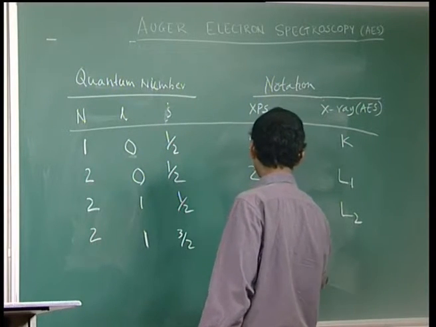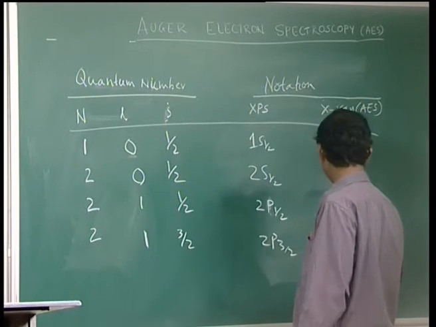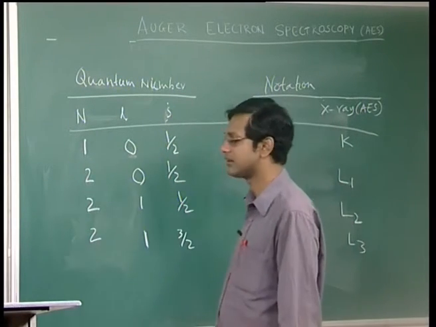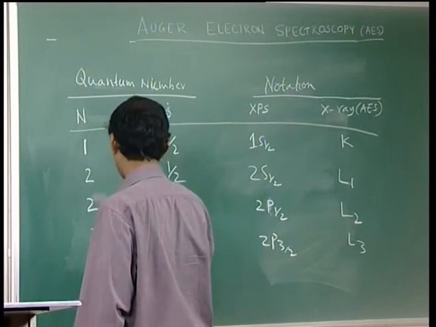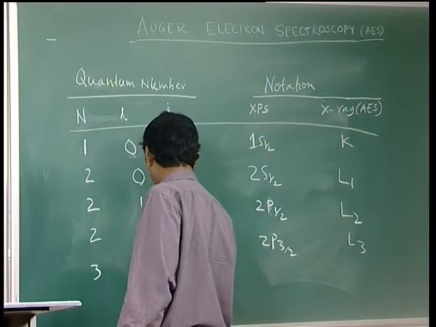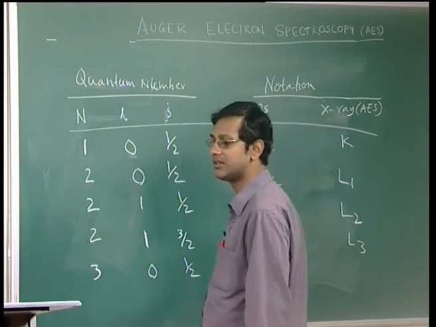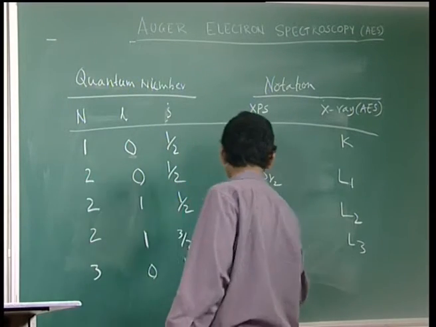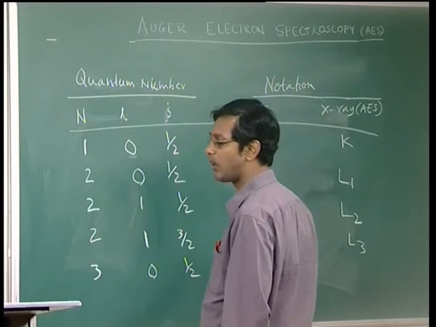This is what we have discussed, how 2p half and 2p 3 by 2 come in XPS, and this will be L3. Now, let us do something for 3 actually. When the principal quantum number becomes 3, this is 0, this is half, this will be 3s half, and this will be M1.